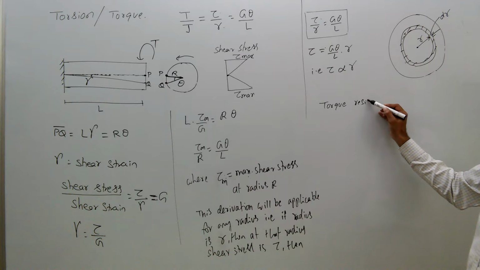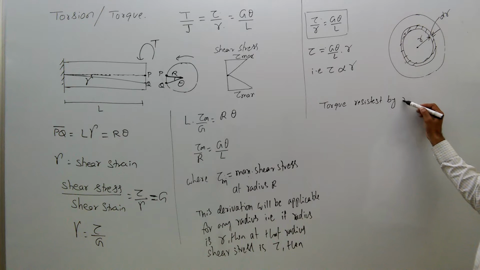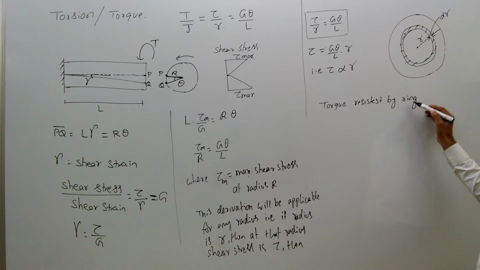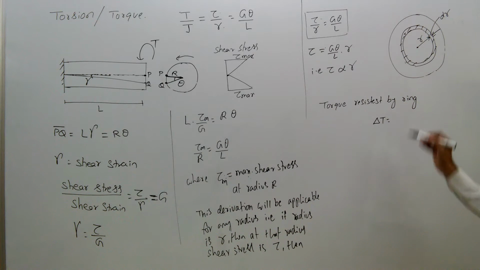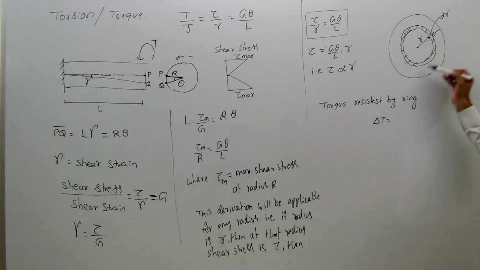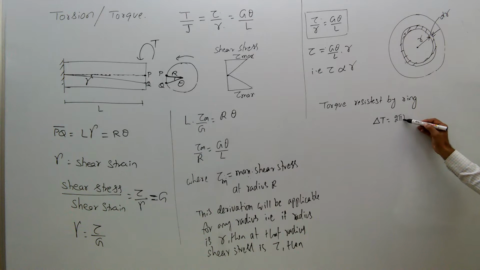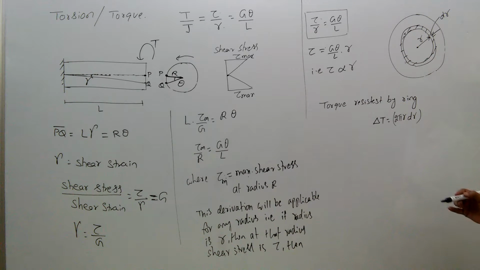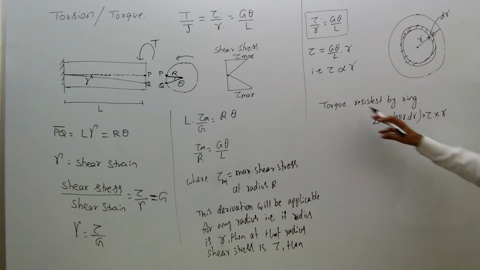Delta T, the torque resisted by the ring. The area of the ring is 2 pi r dr, and the stress at that location is tau. Area into stress is force, and force into radius r is the torsional moment. So the torque resisted by the ring is 2 pi r dr into tau into r.